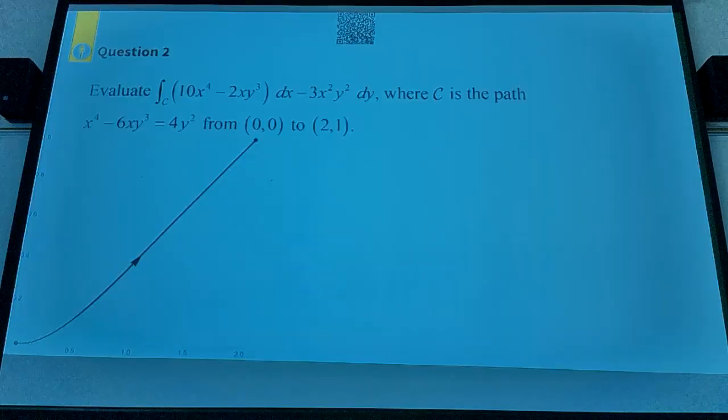When is a line integral path independent? Well, that is path independence, but when can you do that?